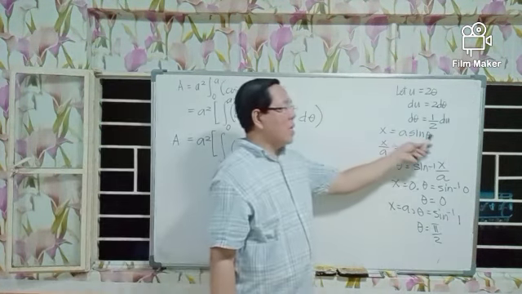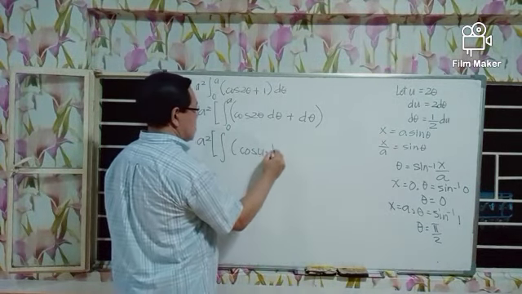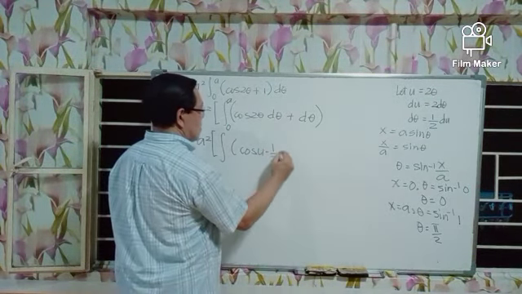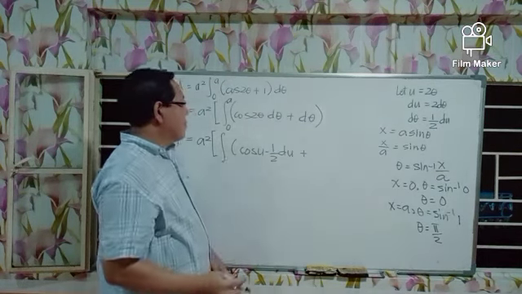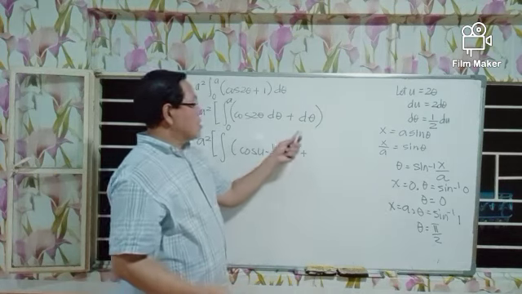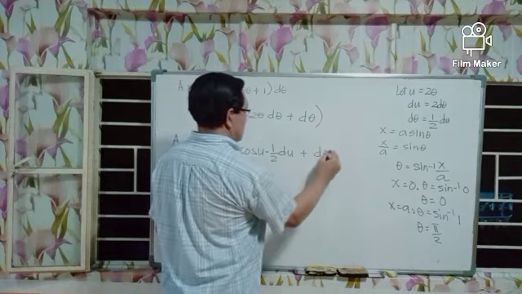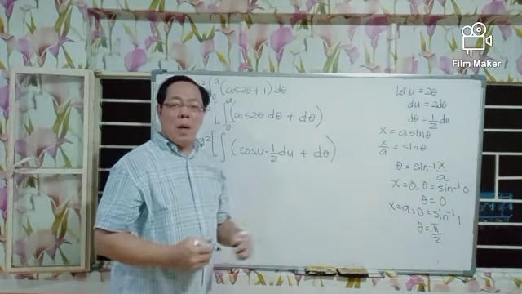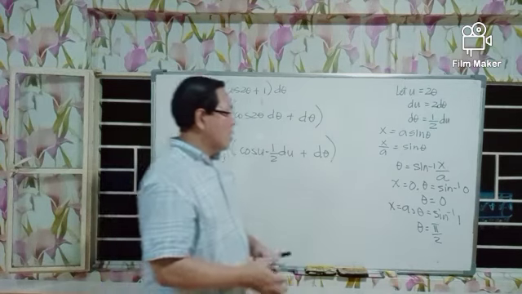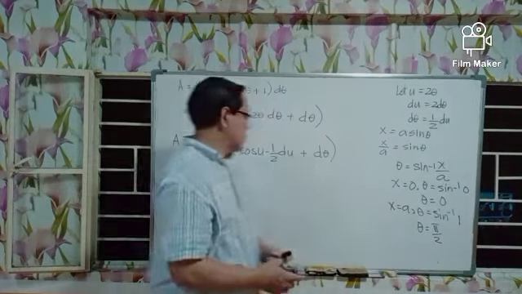D theta is 1/2 multiplied by du, plus the integral of d theta. And the integral of this sum we now evaluate from theta equals 0 to theta equals pi over 2.